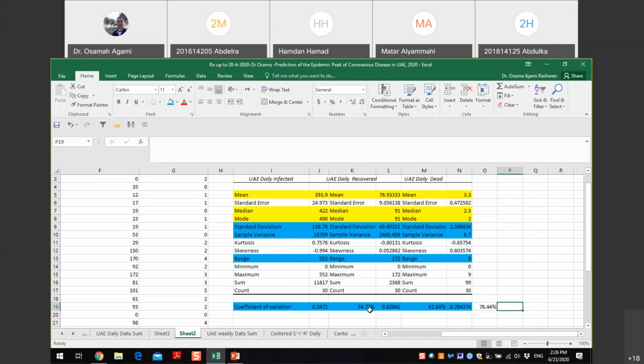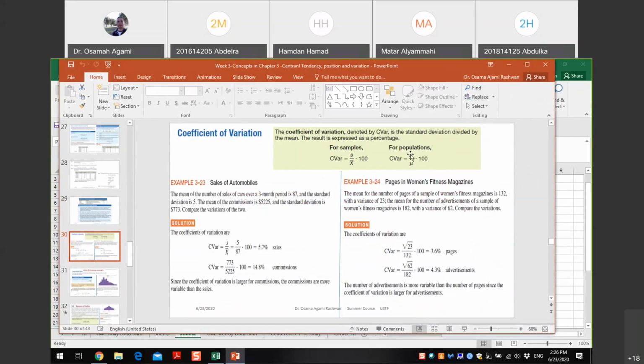It is a percentage, right? Remember this formula for the sample or for the population. The difference is the symbol. The standard deviation for the sample is S, for the population is sigma. The mean for the sample is X bar, for the population is mu.